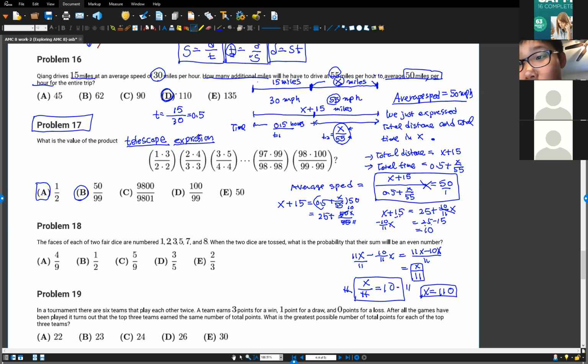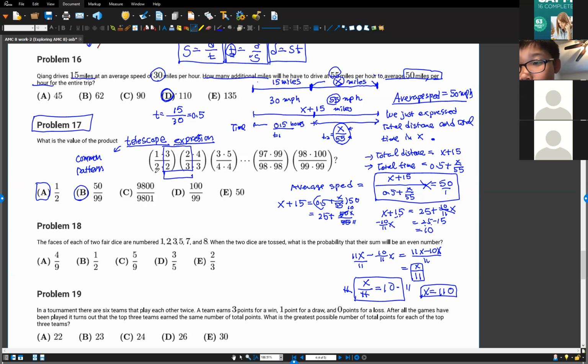What is telescoping? Each term has some common pattern. From these two, did you see this one?